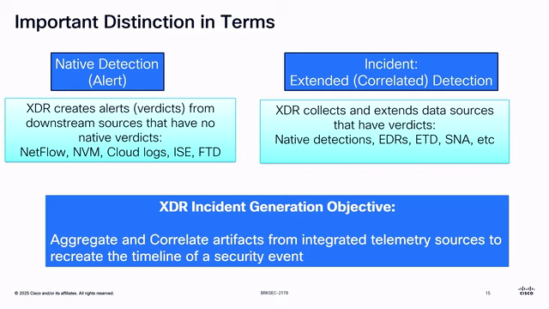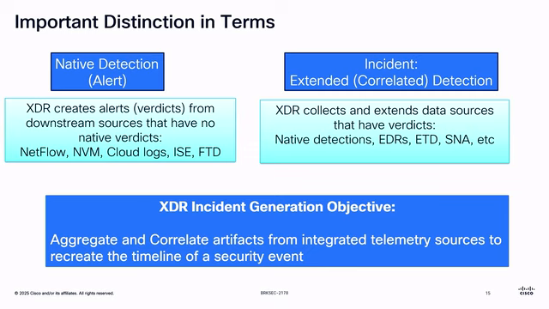Okay, and so that brings me to a distinction in terms. An incident is a data object that resides in the XDR user interface. Logically speaking, it's what we'll call the extended, and I put in brackets, correlated detection, because correlation and enrichment are two different words in our vocabulary of what XDR does.